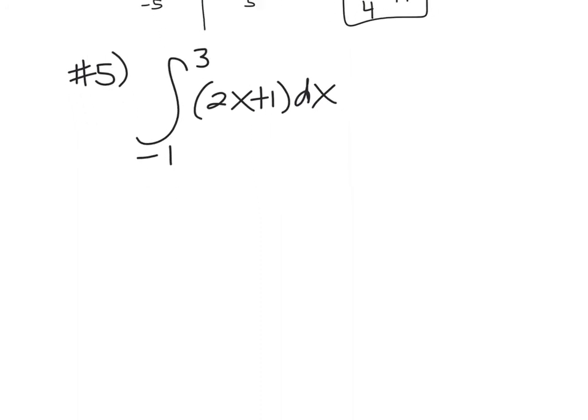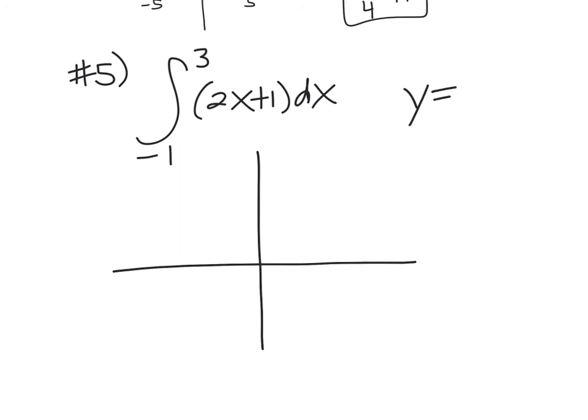So let's graph this pretty correctly. This is just the line y equals 2x plus 1. So our y-intercept is 1, and we're going to count up 2 and run 1. Down 2 over 1.